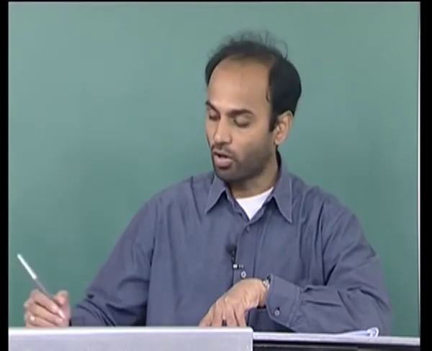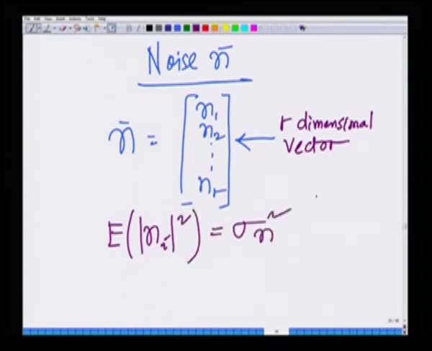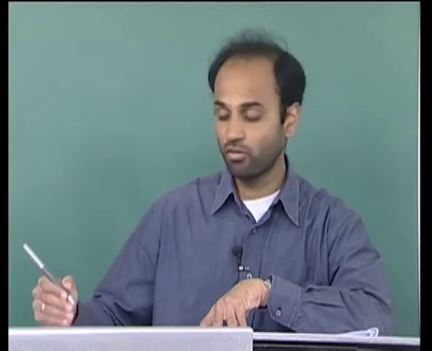We will assume that the power of each noise component, magnitude Ni square, equals sigma n square, that is the power in the noise component at each receive antenna is sigma n square.